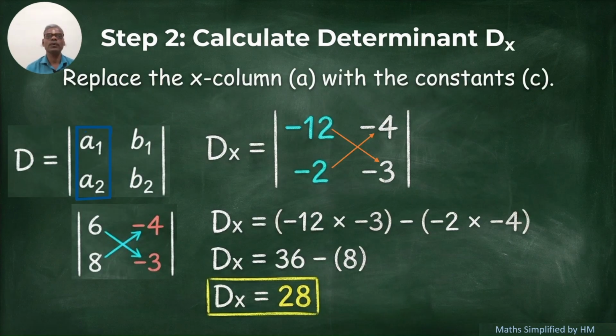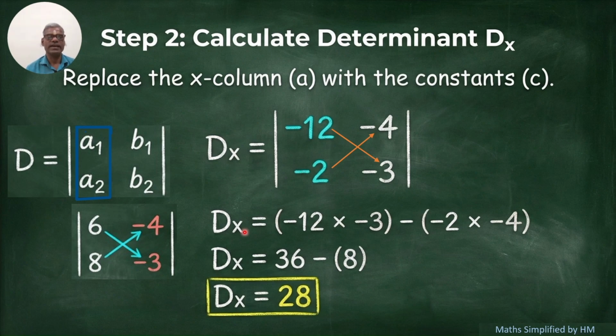Now step 2, calculate determinant Dx. Replace the x column, that means a1, a2, with the constants c1, c2. Our determinant D is a1, b1, a2, b2. Originally we have this determinant 6, minus 4, 8, minus 3. Now we replace this 6, 8 by the constants minus 12, minus 2.